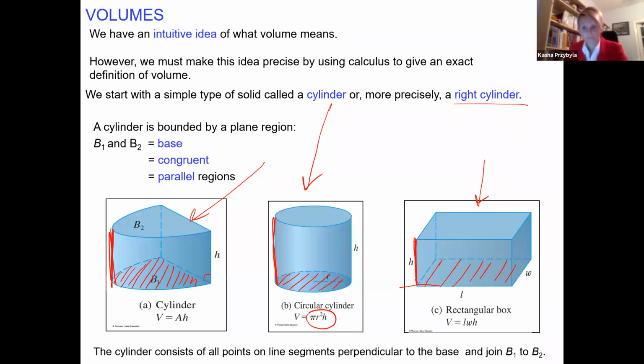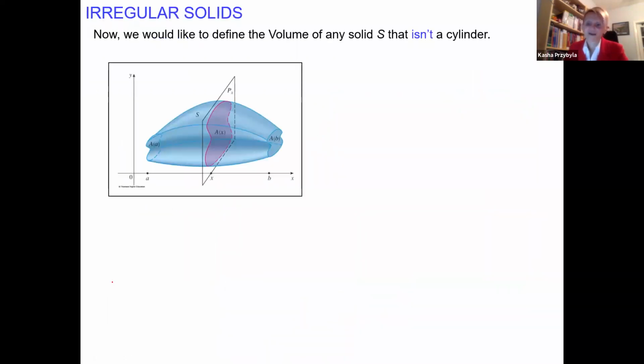But of course we will have a little more complicated problems. Let's take something like this. Please look at the blue shape for now. It looks like, maybe, a football. I took the picture from your textbook. The point for us is to find the volume of something like that.